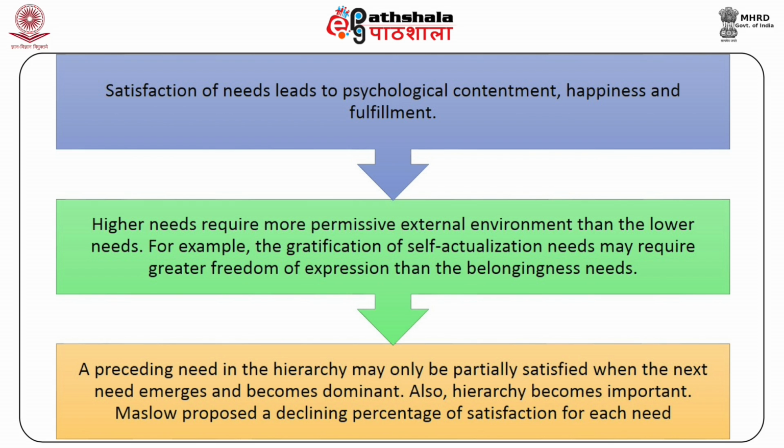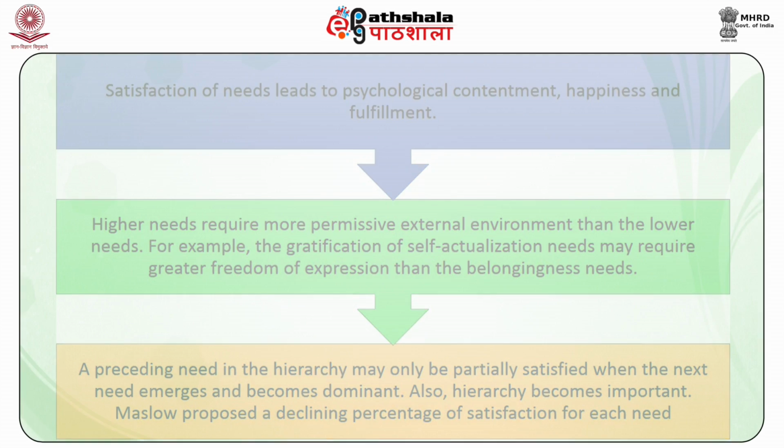A preceding need in the hierarchy may only be partially satisfied when the next need emerges and becomes dominant. Also, hierarchy becomes important. Maslow proposed a declining percentage of satisfaction for each need.